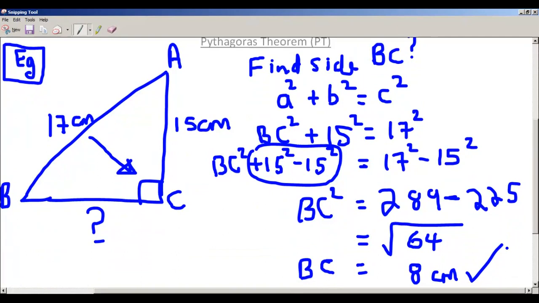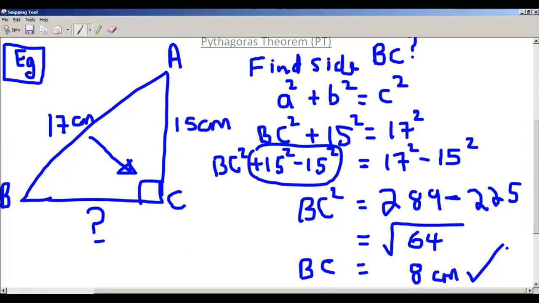Sir, but with the other one, the ones before, it seems shorter than this one.